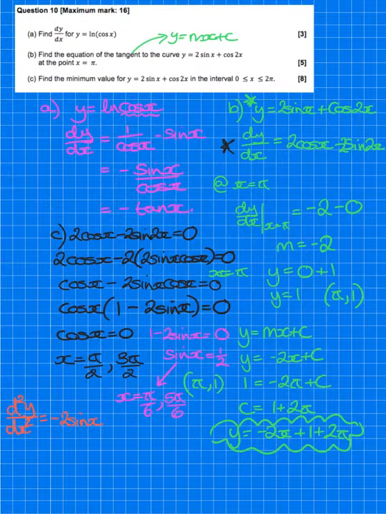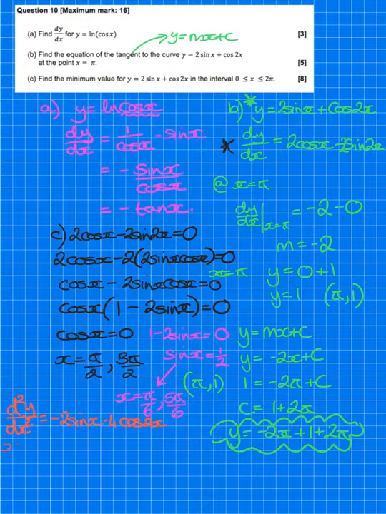When we differentiate sine, we're going to get minus 4 cos 2x. Sorry, it's not going to be sine, it's going to be cos. Cos 2x. So that's our second derivative.